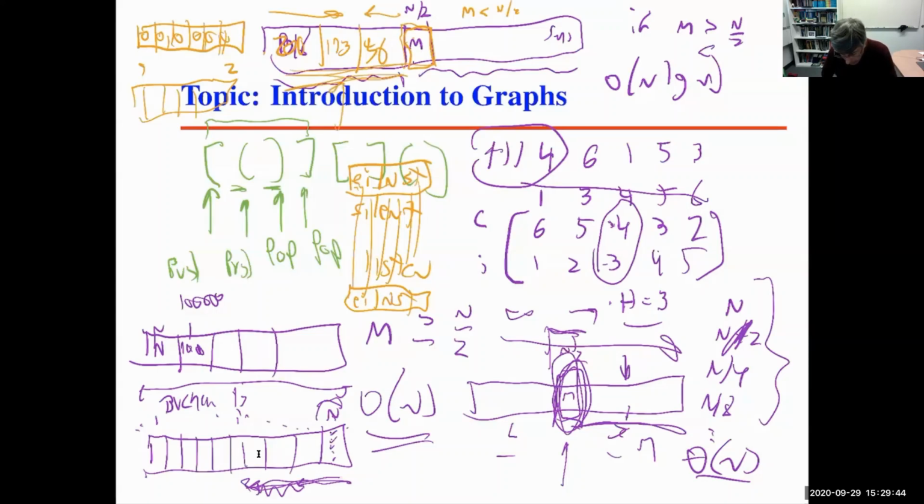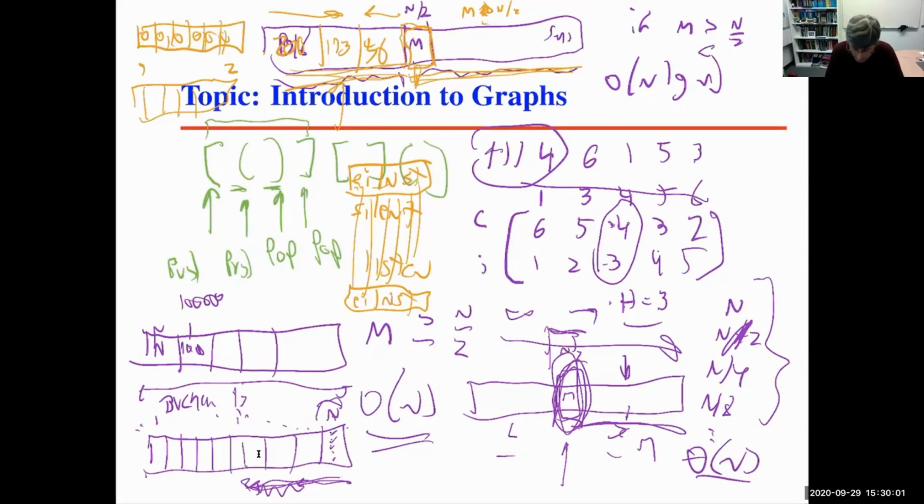If m is greater than or equal to n/2, it's got to lie on this side. And again, now I've got a problem half as big.